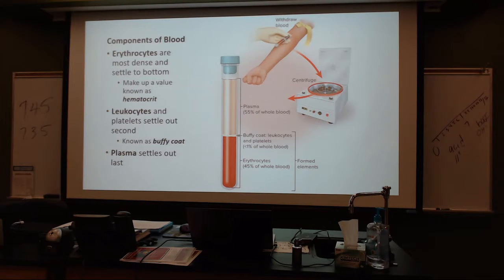Like I said, we can separate the components of blood. Anybody in here donate blood? Okay. And that means you know your blood type. Okay. I used to know mine. I can't remember.